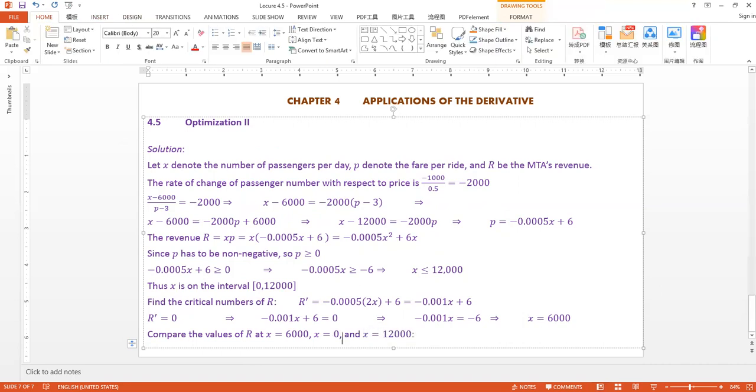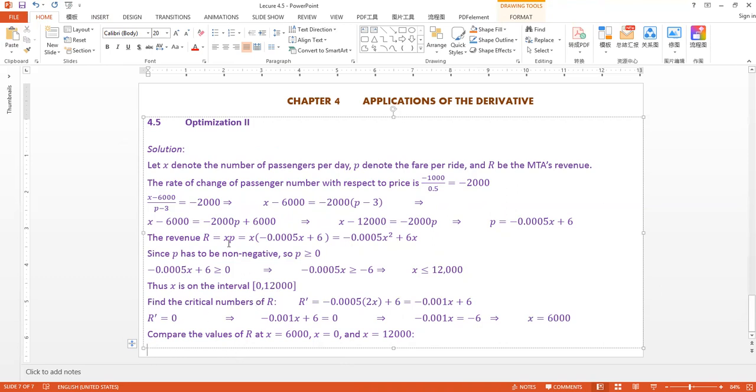So this is the critical value and the endpoints, x equals 0 and x equal to 12,000. So let's just do that.